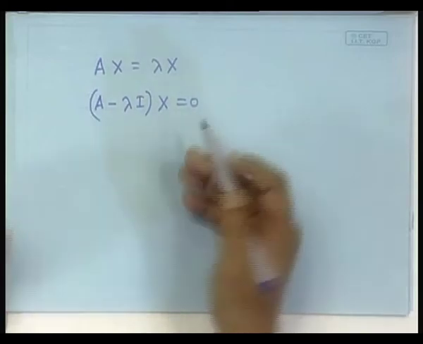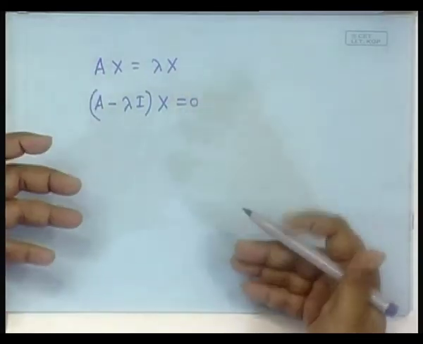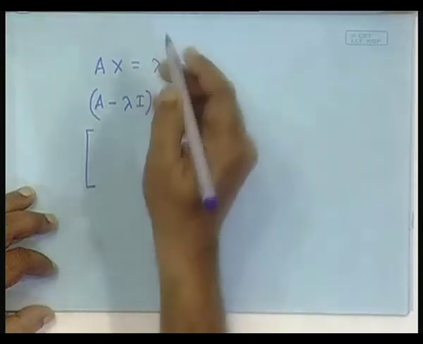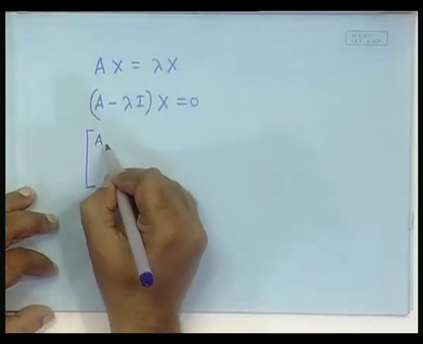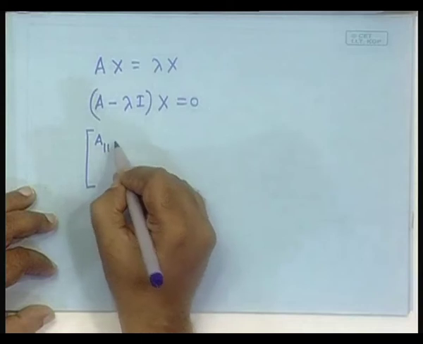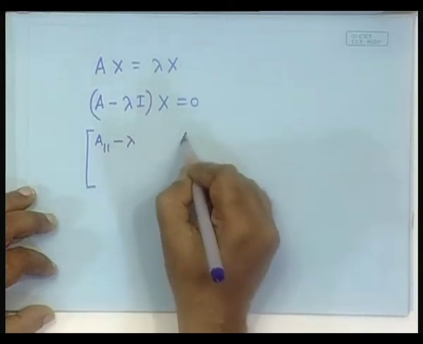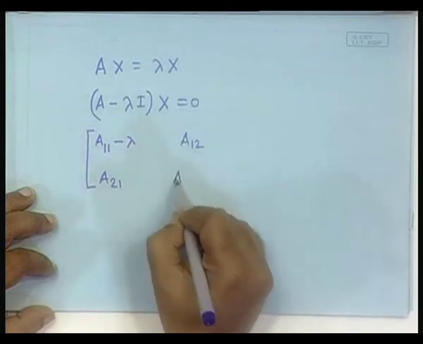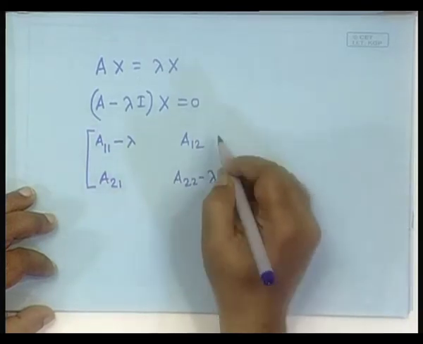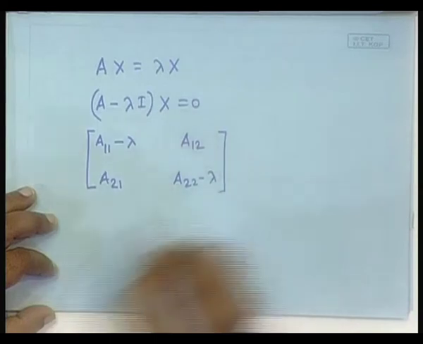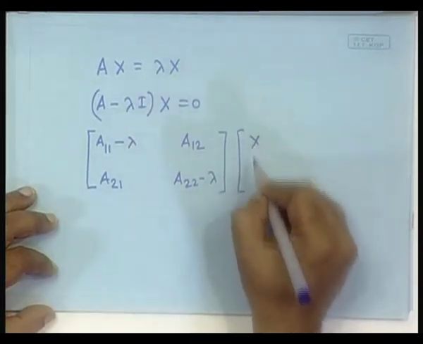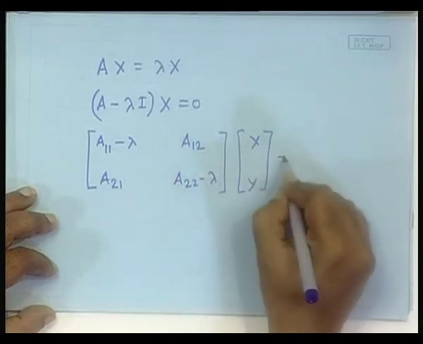Now, you can expand it and write it: A11 minus lambda, A12, A21, A22 minus lambda, times x y is equal to 0.